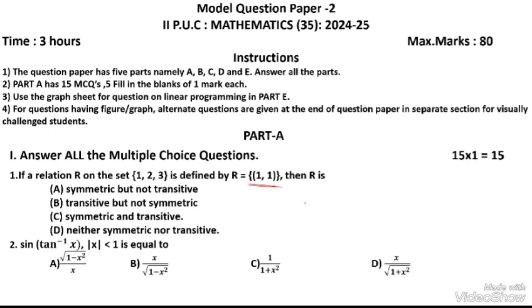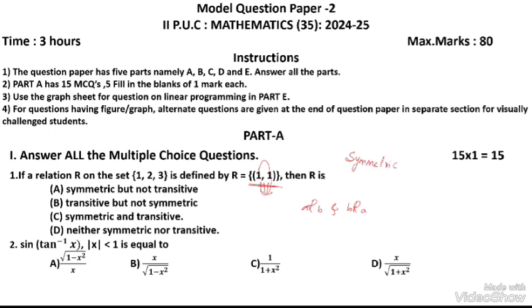We already know the symmetric condition: if A is related to B, then B is related to A. Here the set brackets contain only one pair. That is why this relation holds the symmetric property, because 1 is related to 1 and 1 is again related to 1.